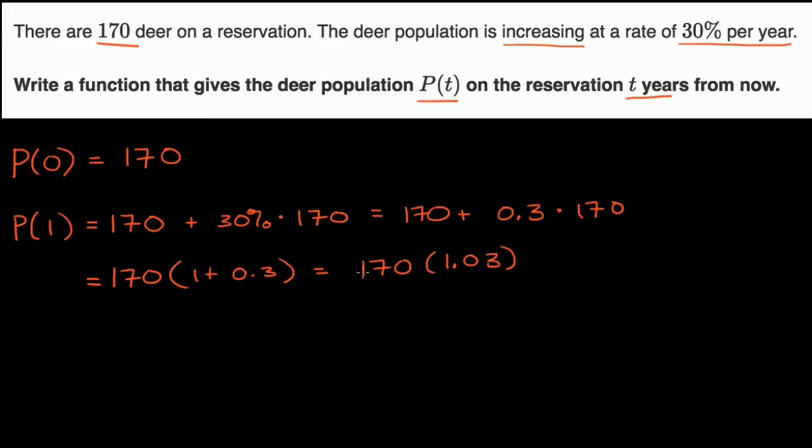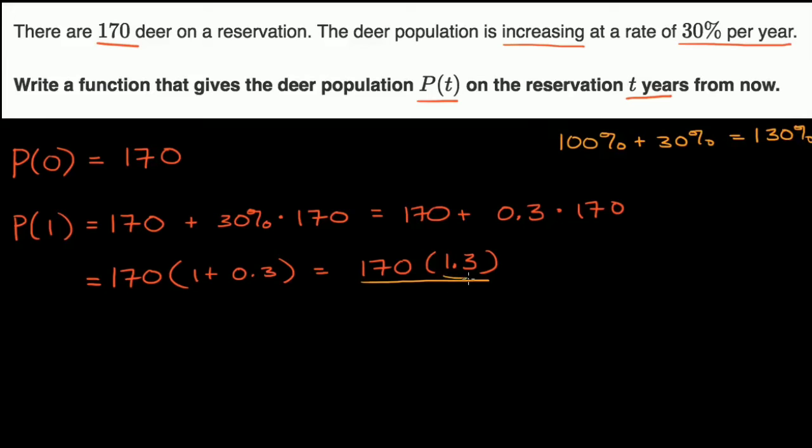Or I could write this as, if I factor out 170, I will get 170 times 1 plus 0.3, which is the same thing as 170 times 1.3.